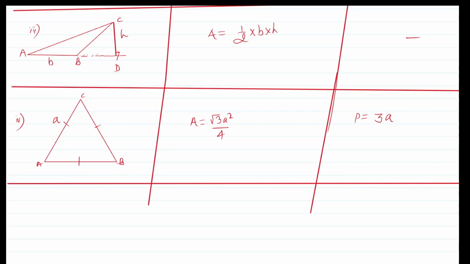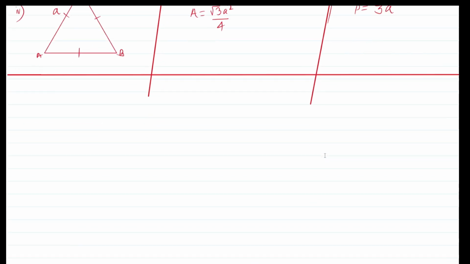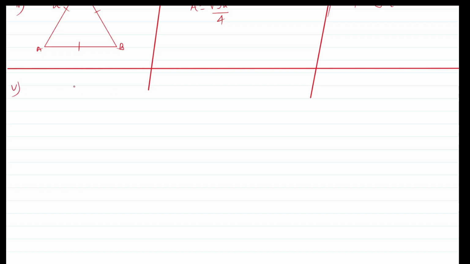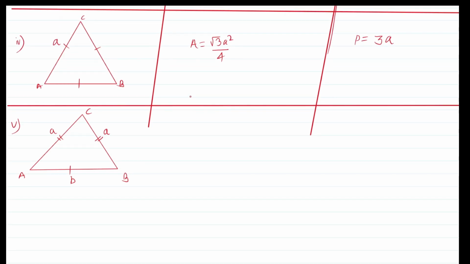Similarly, for an isosceles triangle ABC whose two sides are equal, let us say the equal side has length A and the unequal side has length B. In this case, area A is equal to B times under root 4A square minus B square by 4.